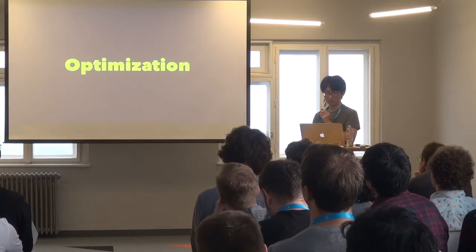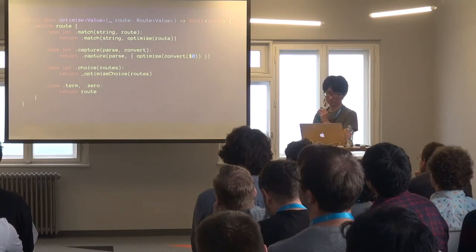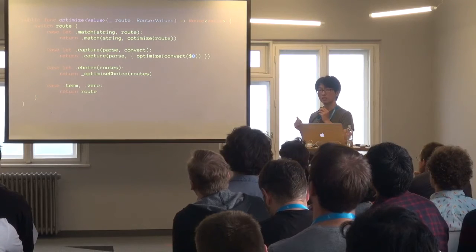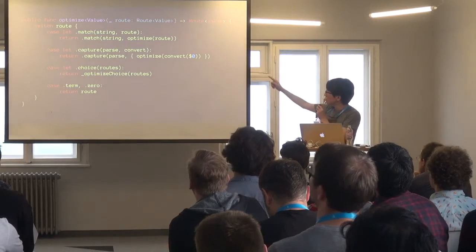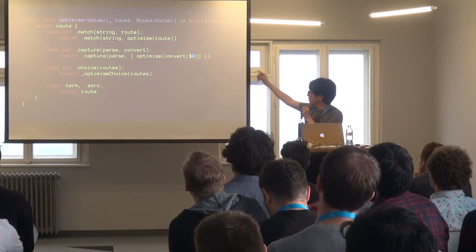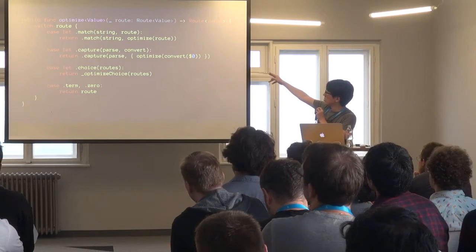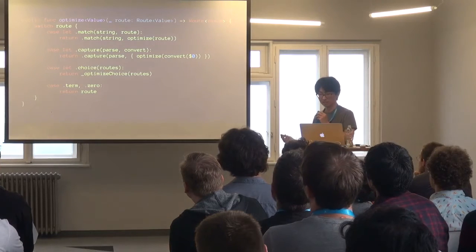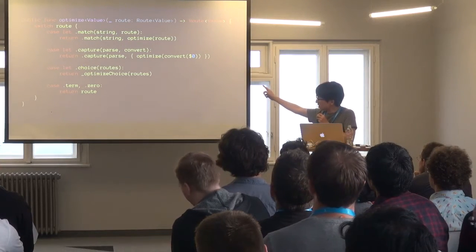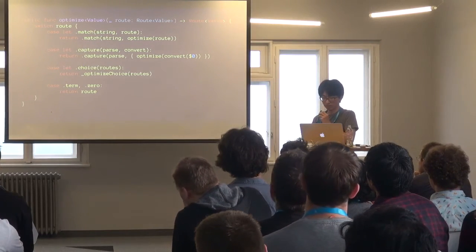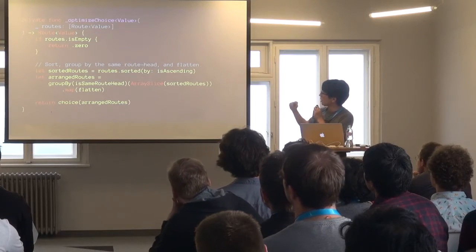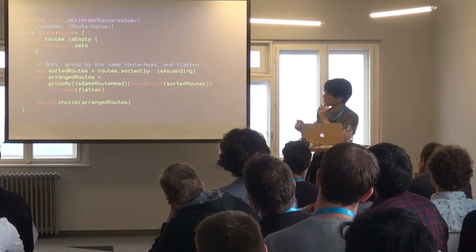And here's the fun part, optimization. To optimize a route, you implement the code something like this. For match and capture, we optimize the next route like this. So it will optimize recursively. And for the choice, we will call the optimize choice function. And the implementation of optimized choice will be something like this.